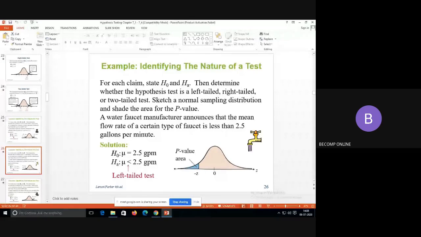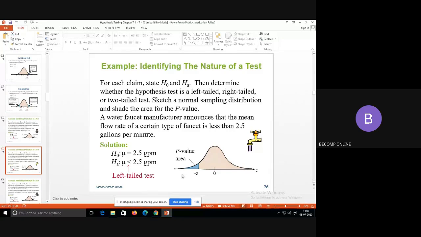The null hypothesis H0 states that mu equals 2.5 gallons per minute. Or it may be less than, but they have said that the faucet flow is less than 2.5. That's why in the alternative hypothesis, mu is less than 2.5 gallons per minute. So here the less than symbol is there.